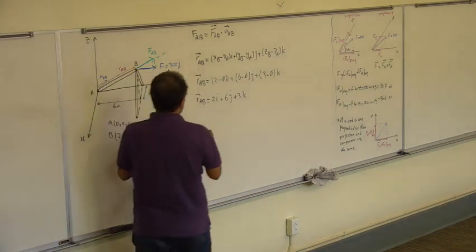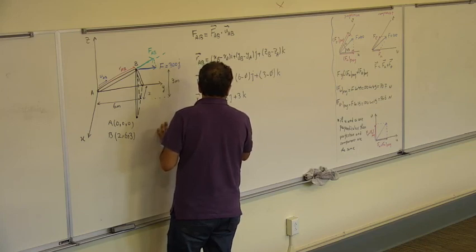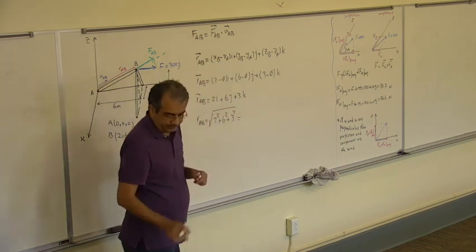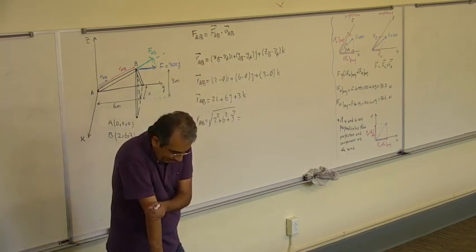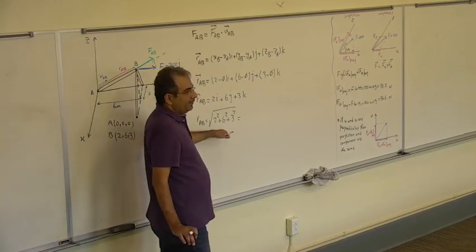And its magnitude is the square root of 2 squared plus 6 squared plus 3 squared.